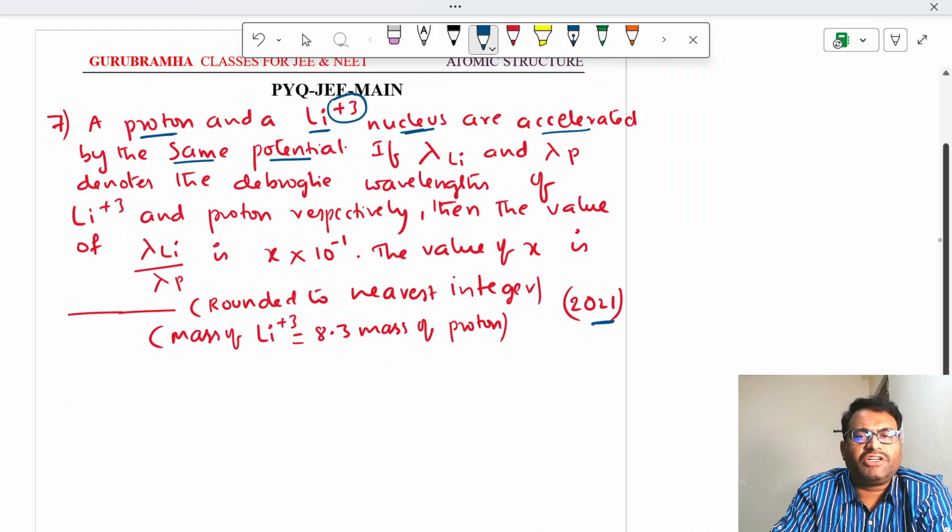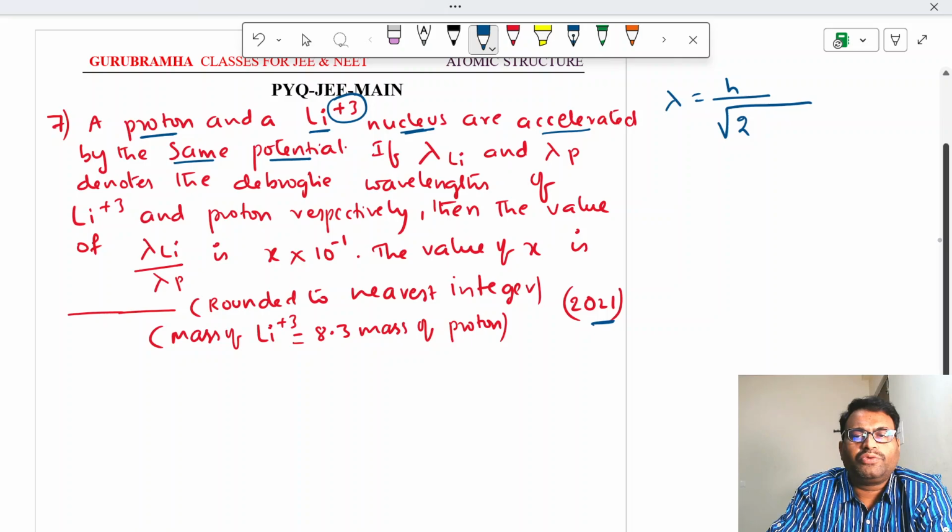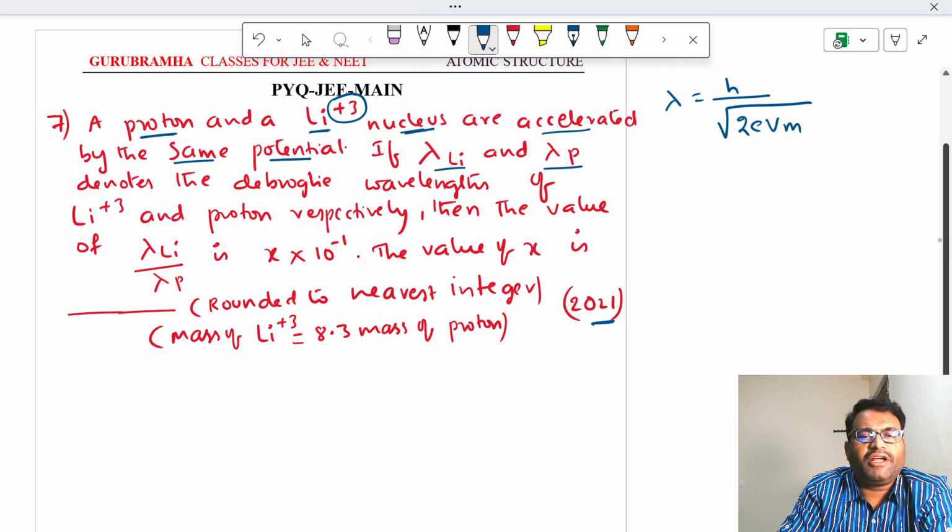So whenever potential is given, we know the formula to calculate it. Lambda is equal to h by root 2 EV into m. This is the formula. If lambda Li and lambda P denotes the de Broglie wavelength of Li plus 3 and proton respectively, then the value of lambda Li by lambda proton.